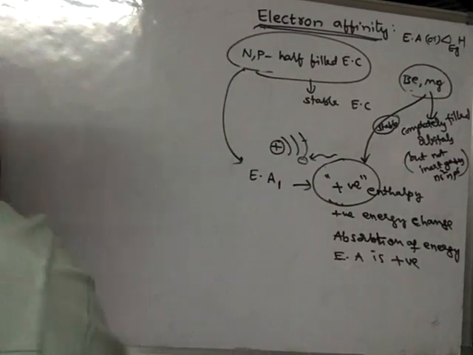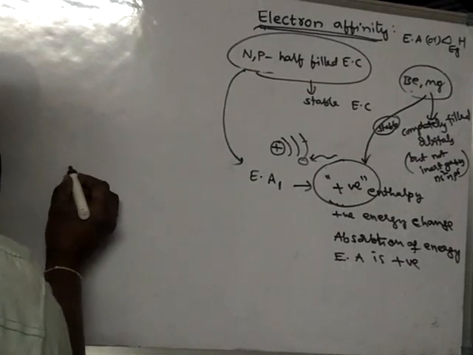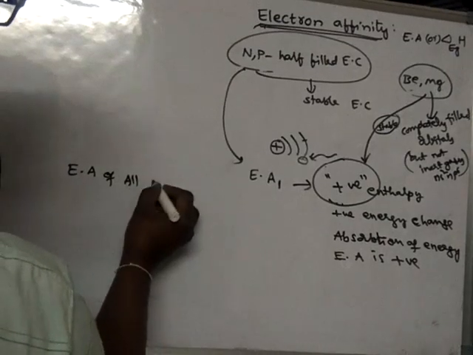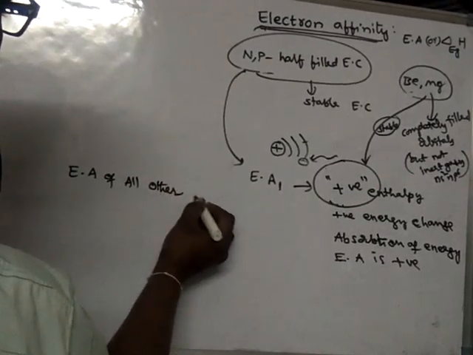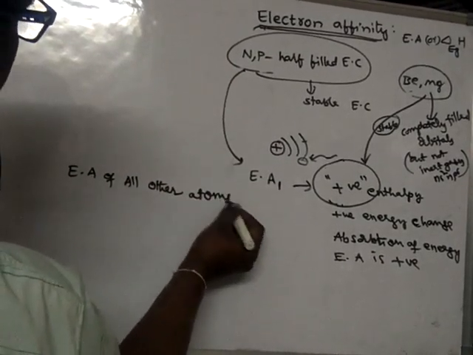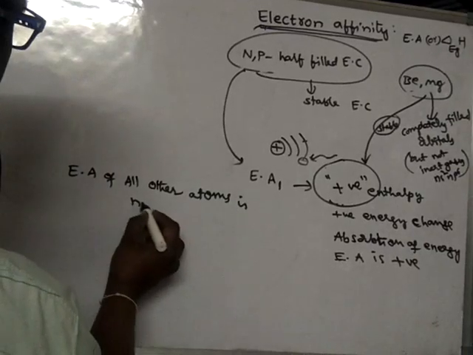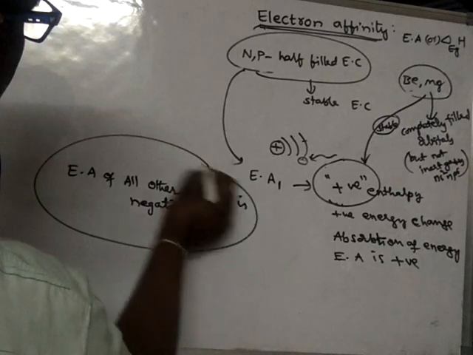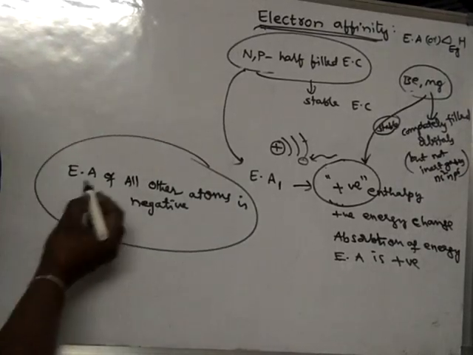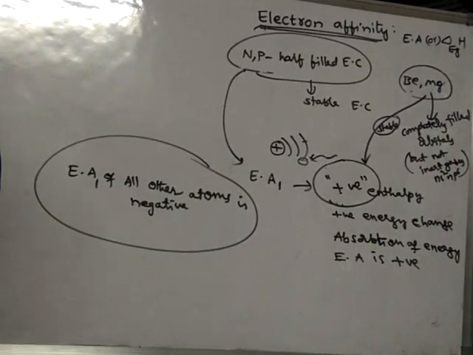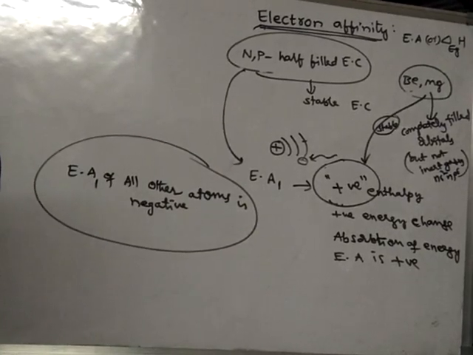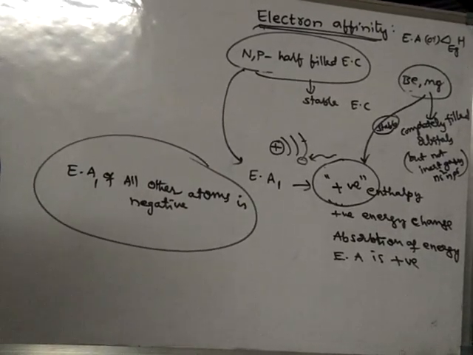Whereas the electron affinity of all other atoms is negative. Here we mean the first electron affinity. Whenever we discuss electron affinity, generally we discuss only first electron affinity.